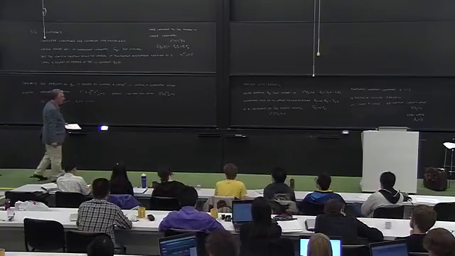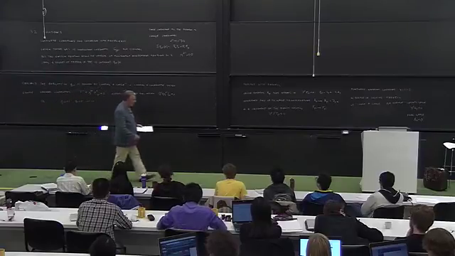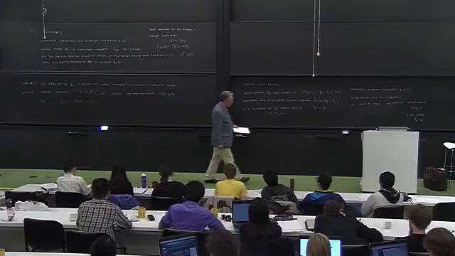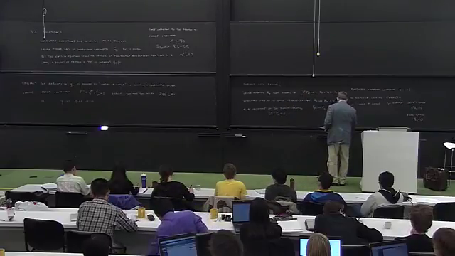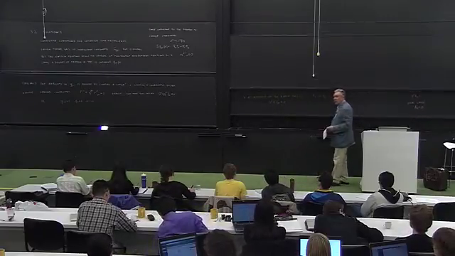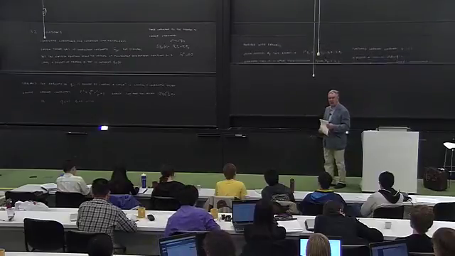So that's the similarity between Einstein and Maxwell, but there are many differences. The most notable one is that photons don't interact with themselves. They're electrically neutral.